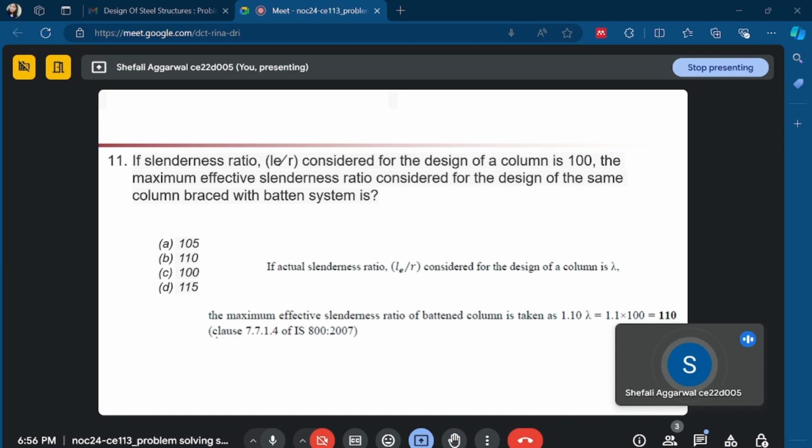So clause 7.7.1.4 for the batten system tells that in case of a batten system, we take the effective slenderness ratio as 1.10 times the given slenderness ratio. So calculating this, our slenderness ratio will be 110. And if we go for the case of our lacing system, it is given by 1.05.